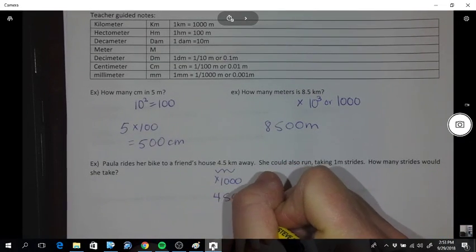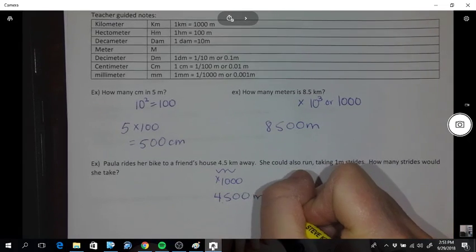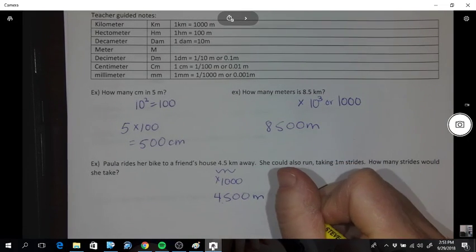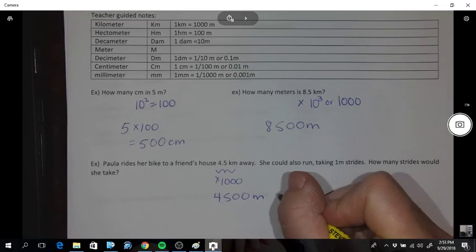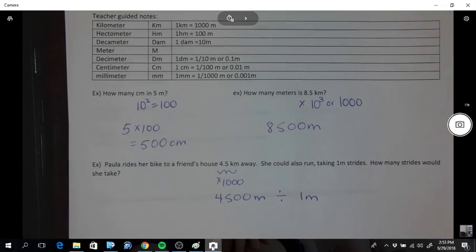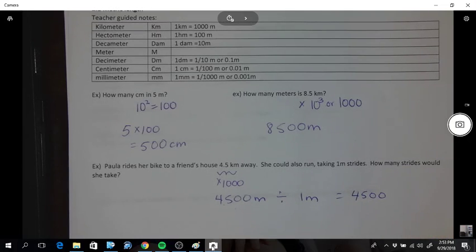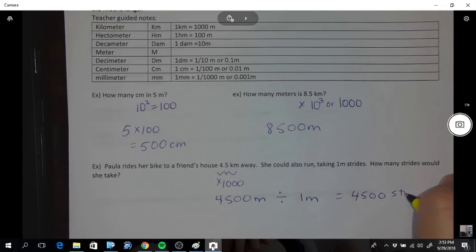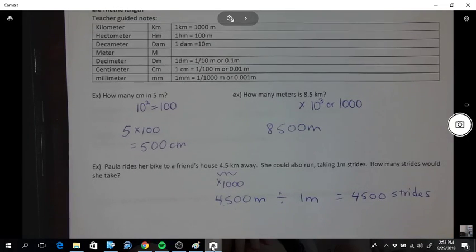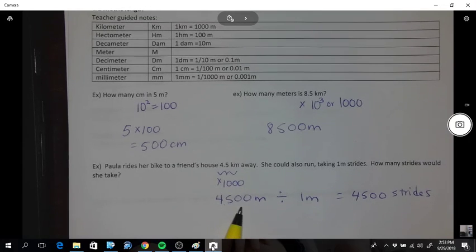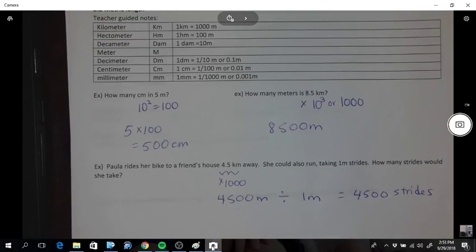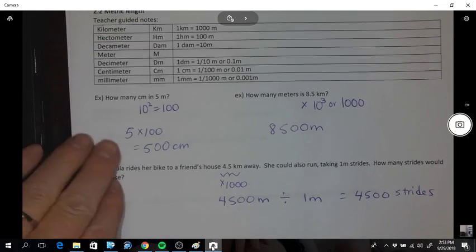So moving 3 decimal places. Okay, and then if our race is this long and each stride was 1 meter, you would therefore have to take 4,500 strides. Okay, so the total race divided by each individual stride length would be the number of strides you have to take.